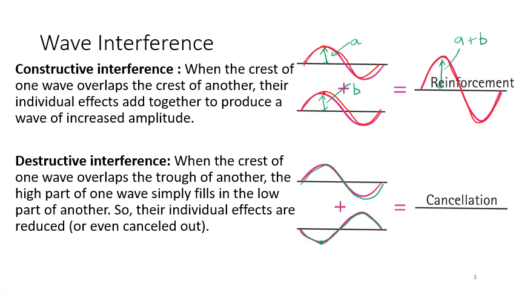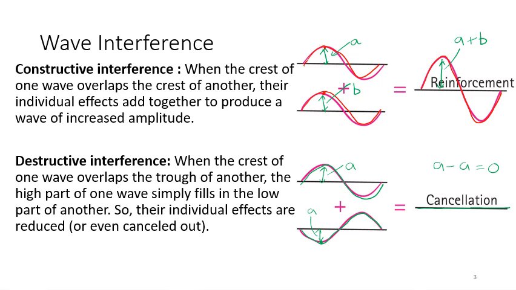So once you add these two waves, the effect will be reduced. Let's say the amplitudes are similar, A, and this is again A. If the amplitudes are similar, the resultant wave will be 0, so you don't have any amplitude. That is A minus A equals 0. That's why you don't have any wave at this time.